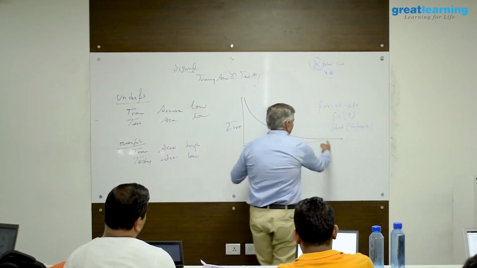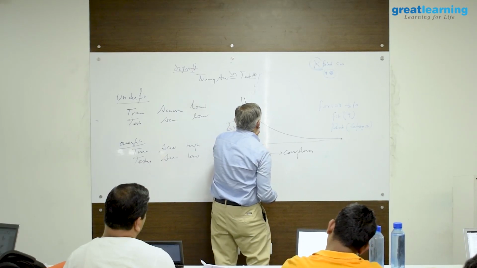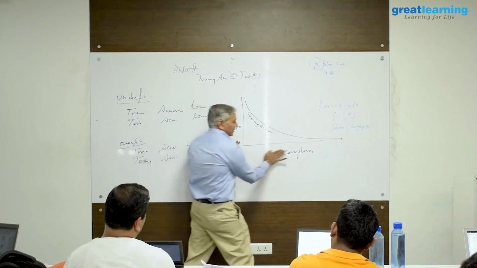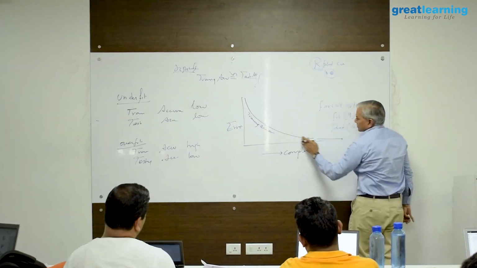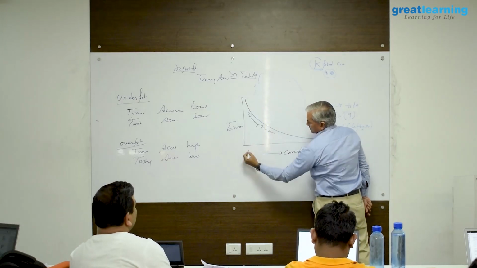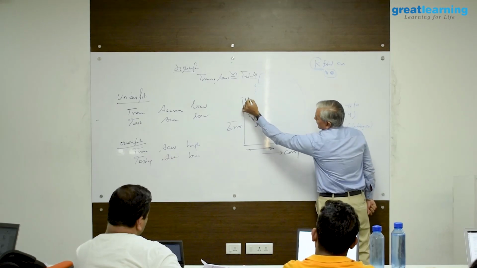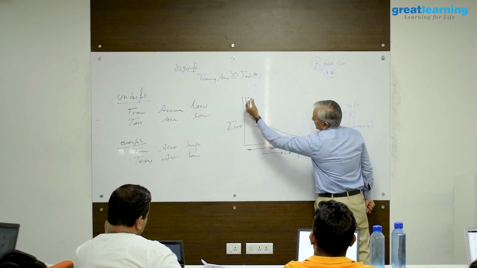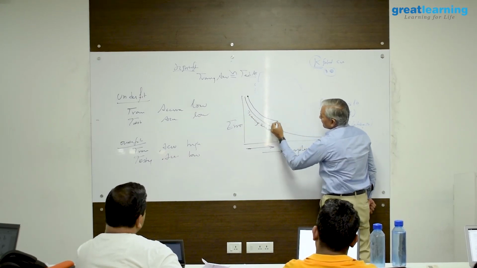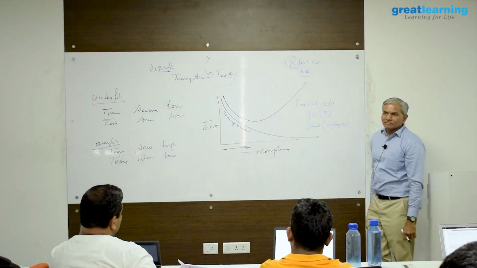I call it training error. As my complexity increases, training error comes to 0. I'm increasing complexity in this direction. You will see that the test error is usually higher than the training error. It also comes down, but after some time it deviates back up.